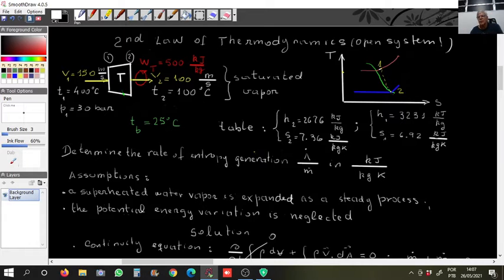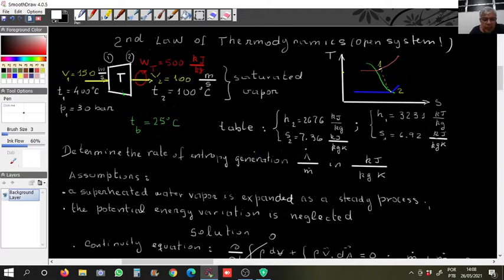We can work with centigrade or Kelvin, but when you work with a difference, it doesn't matter. For instance, if you add 273 and subtract 273, when I use the difference between the temperatures, it doesn't matter if you use centigrade or Kelvin. But if you have a relation, for instance T1 divided by T2, then you have to use Kelvin.